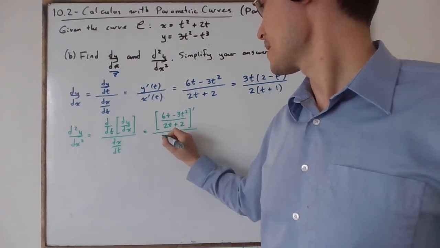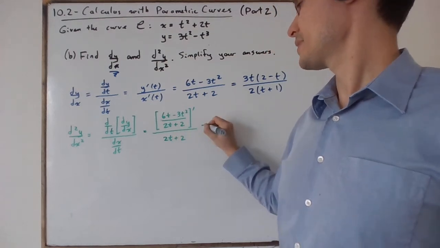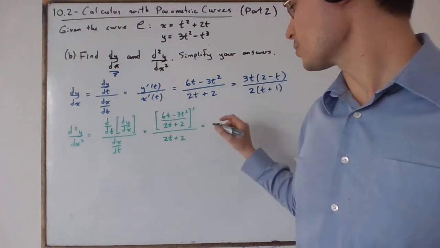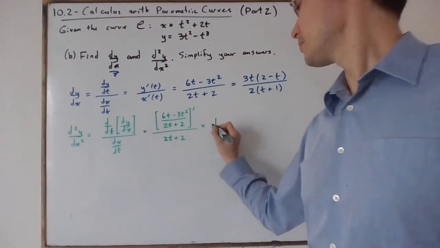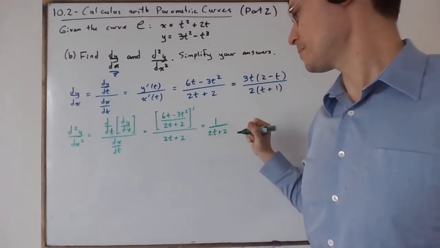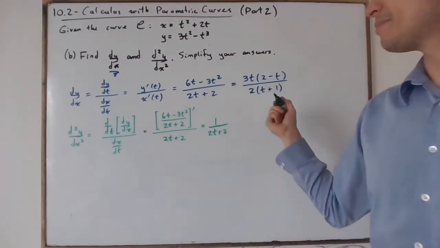So here we go. We have divided by 2t plus 2. As you can see, this is going to be a quotient rule, so it's best if we do the 1 over 2t plus 2. Then we do the quotient rule with this guy over here.